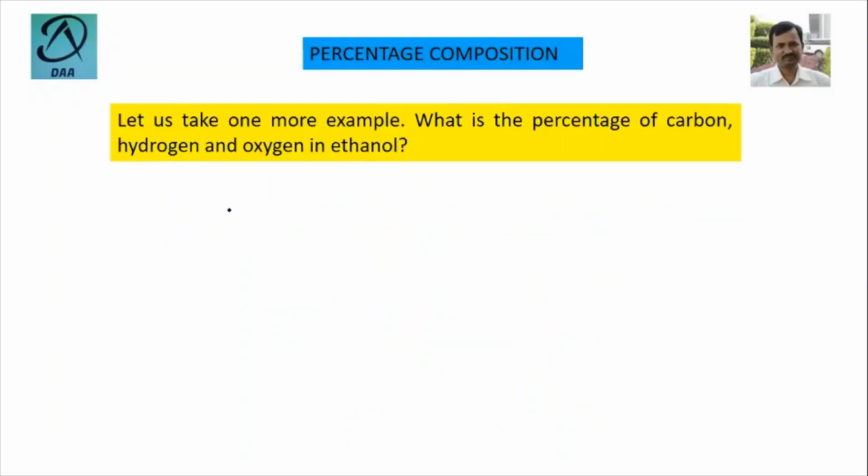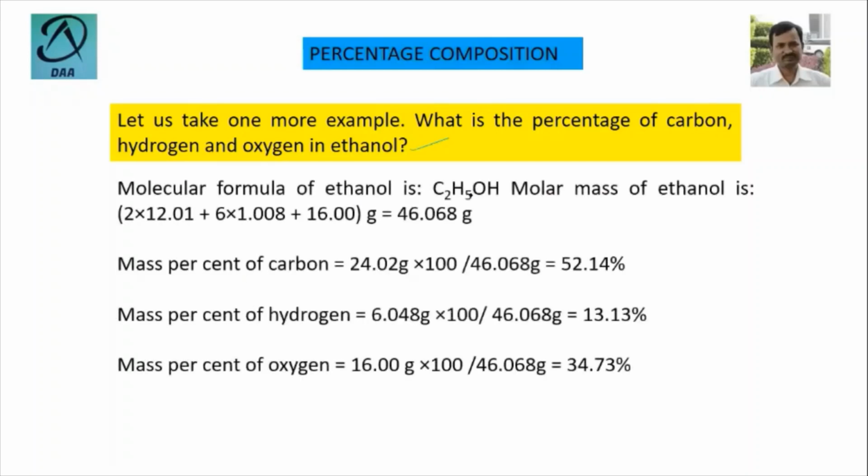Another example: what is the percentage of carbon, hydrogen and oxygen in ethanol? We know the formula of ethanol is C2H5OH.